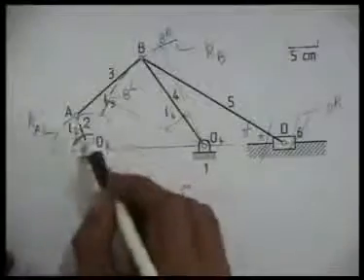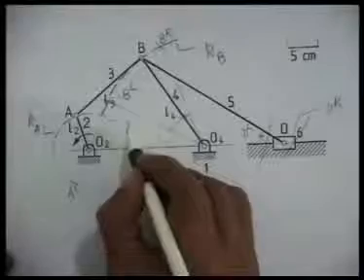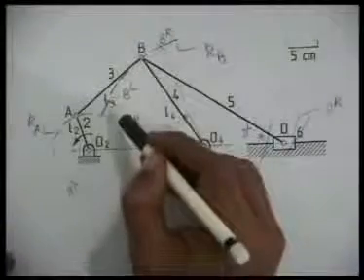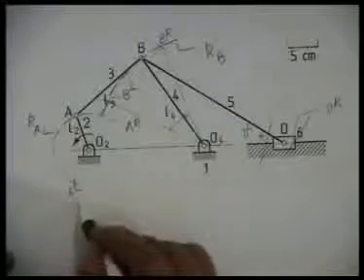So, for the extreme right position, A comes here, let me call it AR, and for the extreme left position, that is BL, this point is which we have already marked as AL.